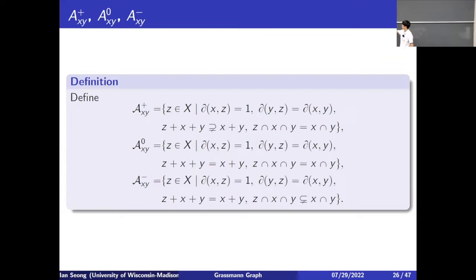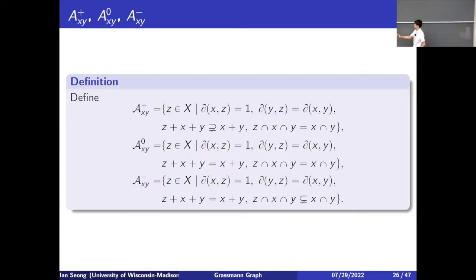Before I move on to the 0 part, I'm just going to define cal Axy minus first because it's going to be symmetric in a way. It's going to belong to cal Axy, but instead we're going to have z plus x plus y be the same as x plus y, and z intersect x intersect y is going to be a proper subset of x intersect y.